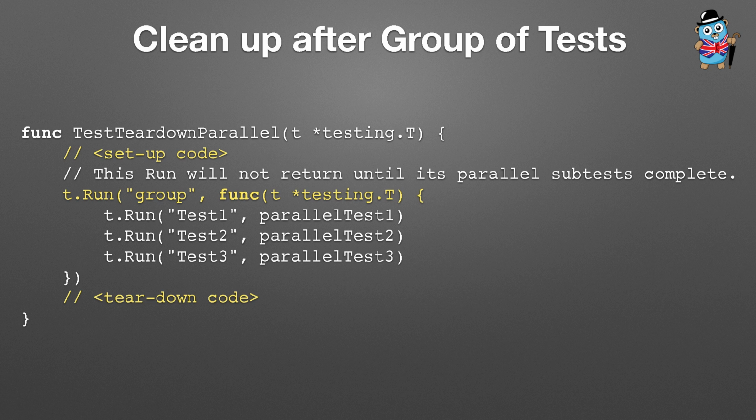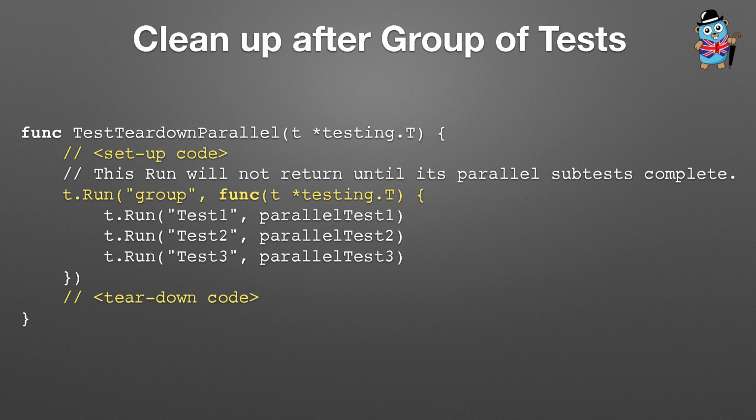The way to solve this is to use the same trick as I showed in the previous slide, but one level down. I'm introducing another layer of subtests, if you will, where the only purpose is to synchronize my other parallel tests. So I'm calling t.Run for the group, then I'm running a bunch of parallel tests, and I know that my outer run will not return until these others have completed, right?